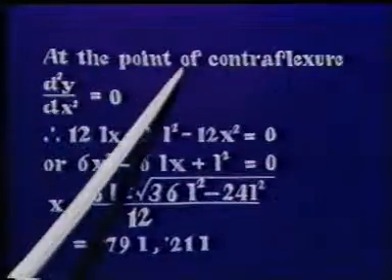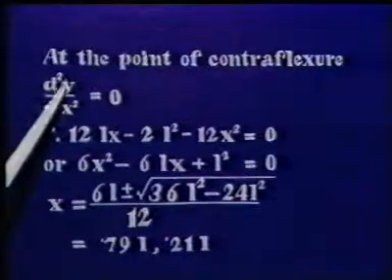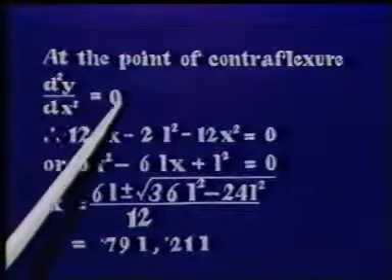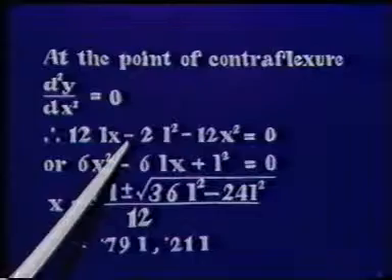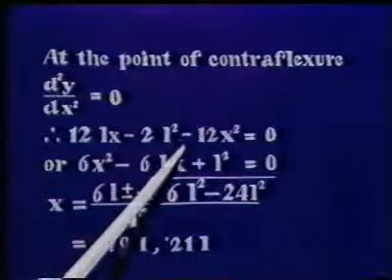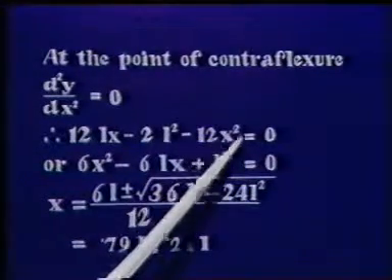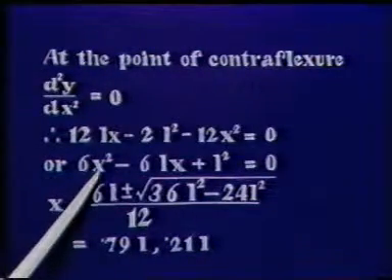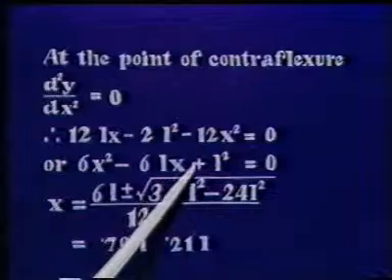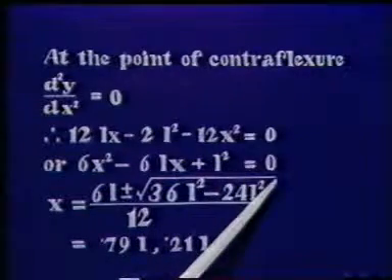At the point of contraflexure, d²y/dx² is equal to 0. Therefore, 12Lx - 2L² - 12x² is equal to 0, or 6x² - 6Lx + L² is equal to 0.